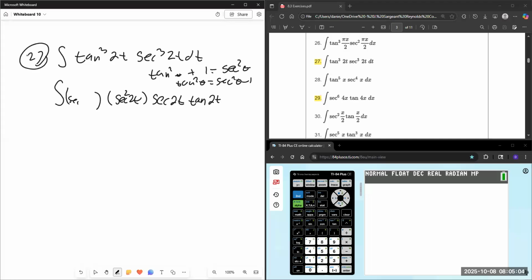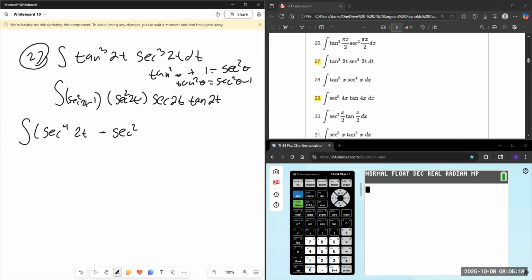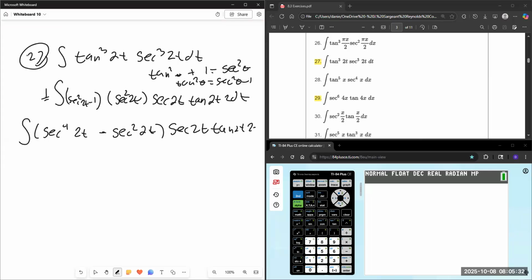So secant squared 2t minus 1, integral secant to the 4th 2t minus secant squared 2t, secant 2t tangent 2t times 2 dt, and a 1/2 out front here.